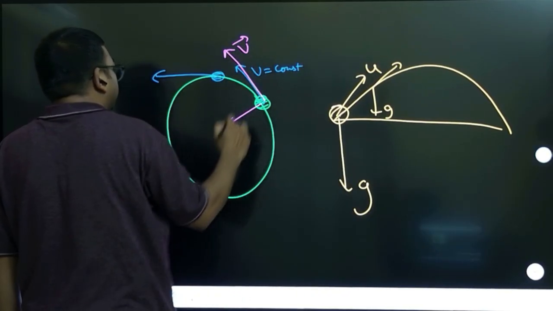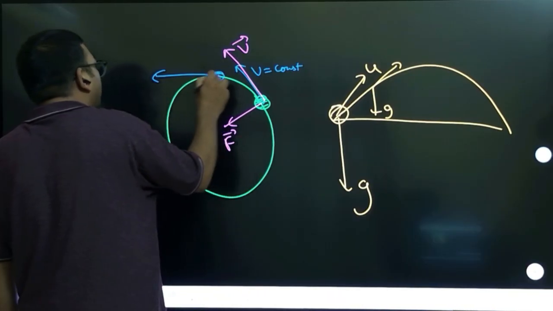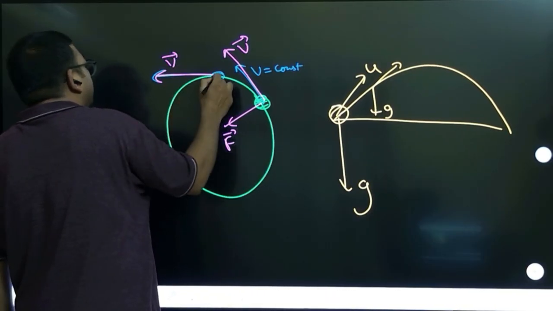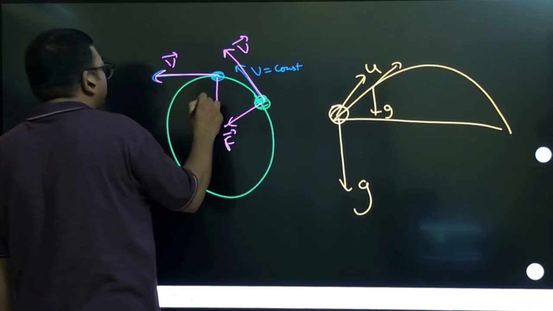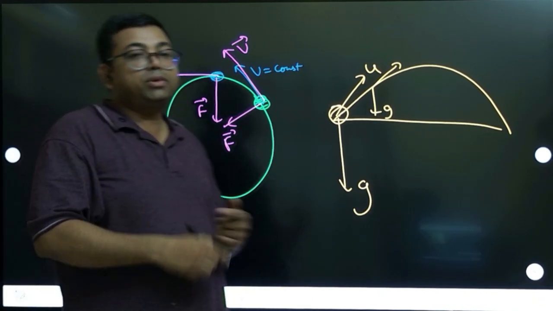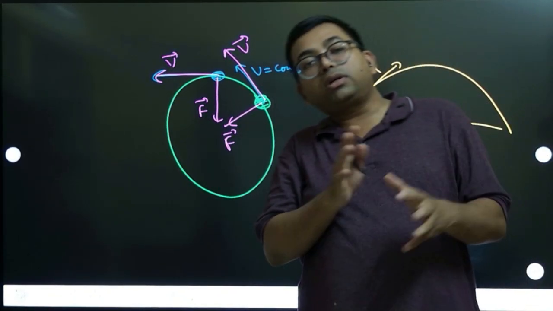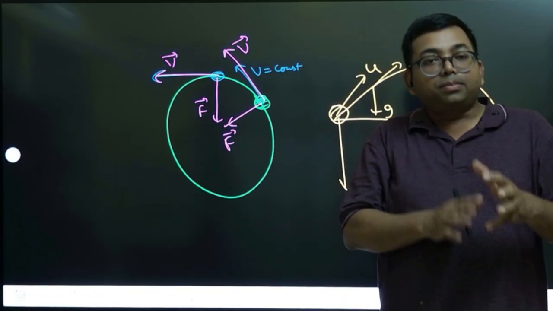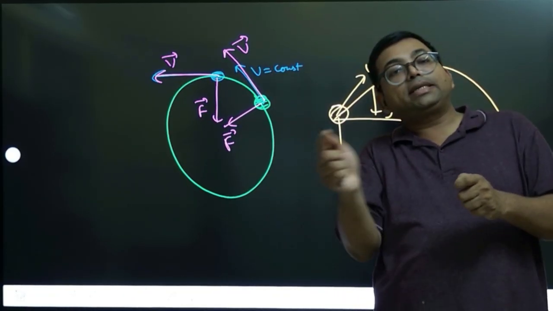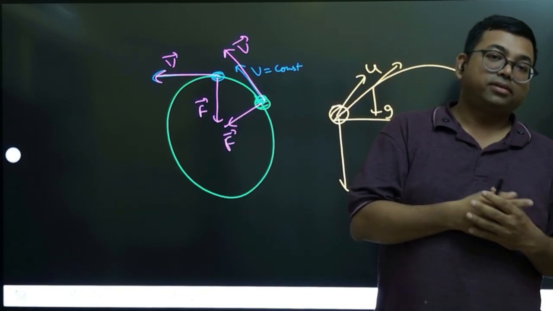When the force vector and velocity vector are always perpendicular, then it will be uniform circular motion. So in that case, force will not change the magnitude of velocity, but it will change the direction, right?